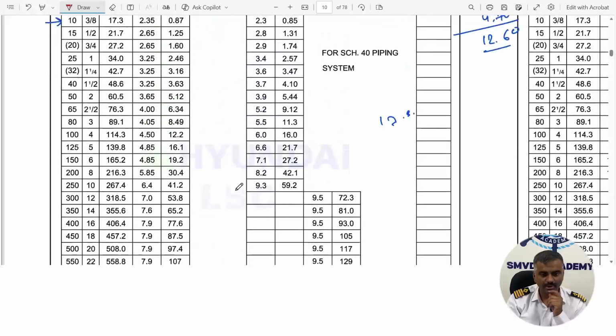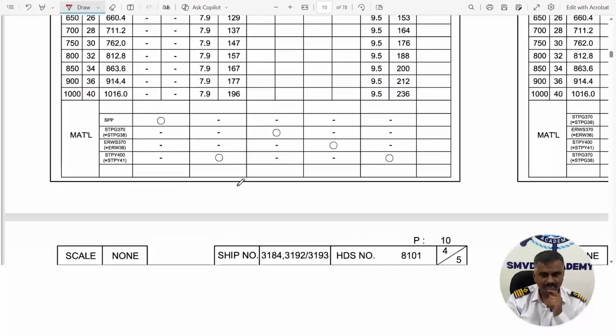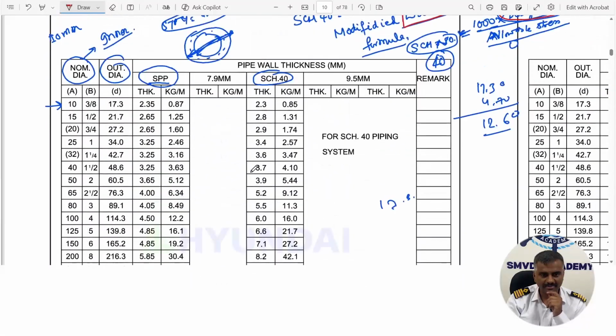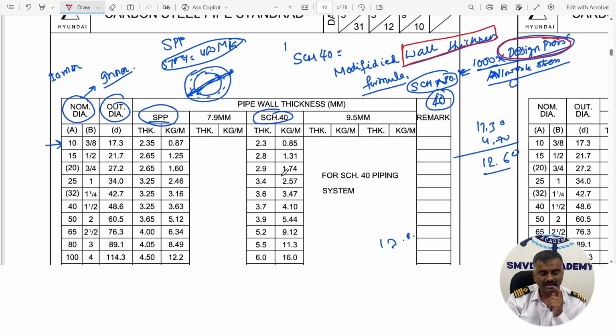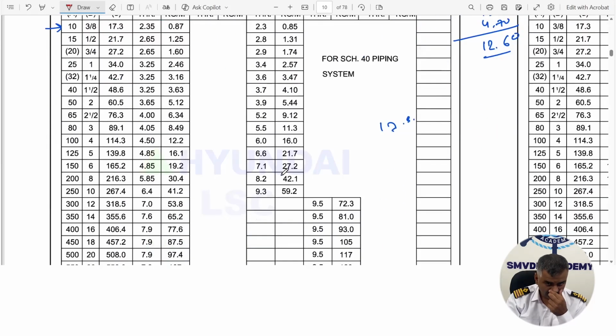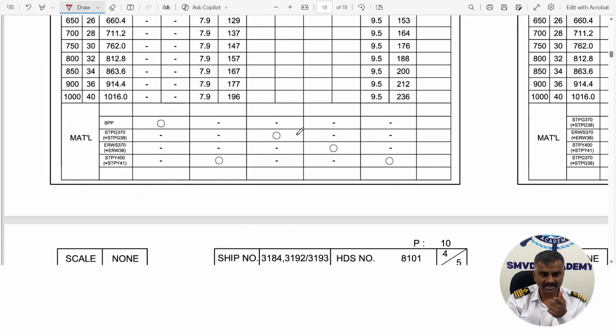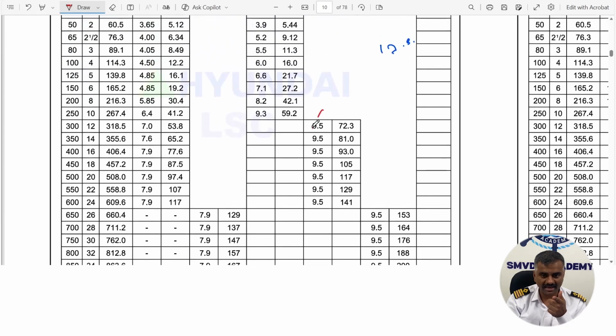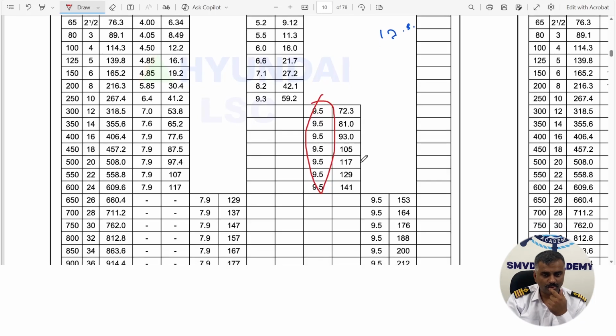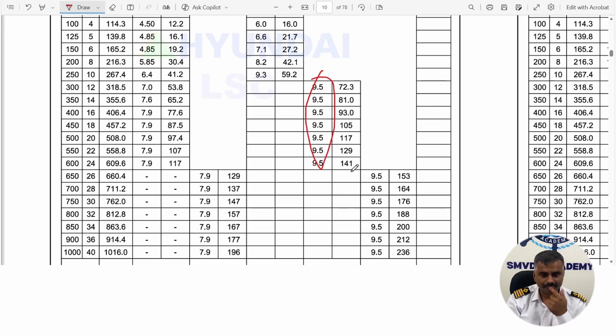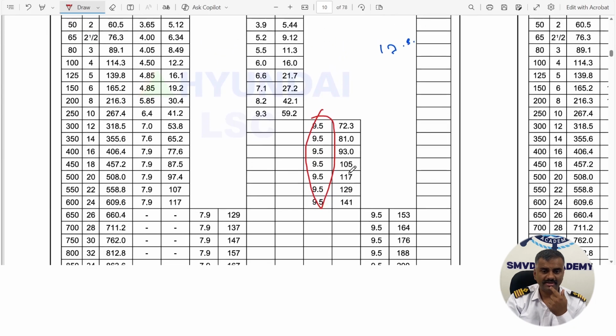Above that the thickness will not go further for STPY pipe; 7.9 mm in the carbon steel standard. For schedule 40 pipe in different material grades, for the ERSW grade, you can go up to 9.5 mm of thickness, and up to 600 mm of nominal diameter.